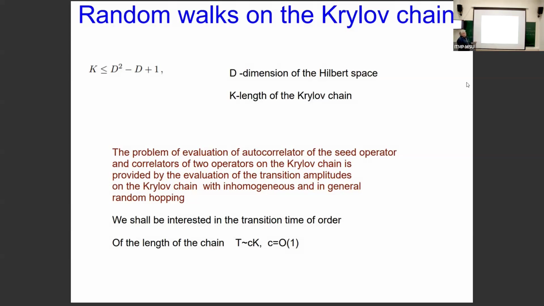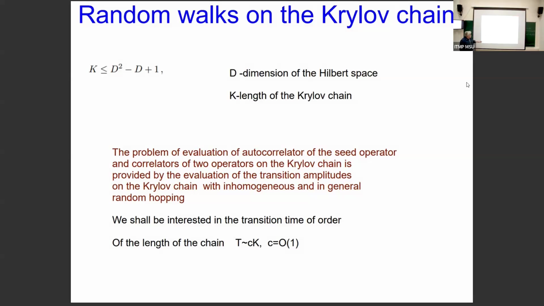And now we would like to evaluate the autocorrelators in the Krylov space, just the return probabilities on the Krylov chain, and it depends on time. So when we consider autocorrelators, we have some time, and the question is what time we would like to select.